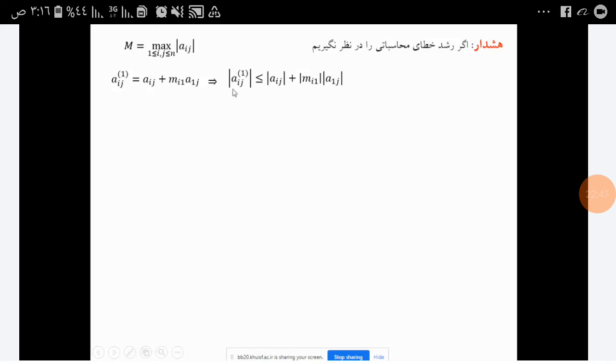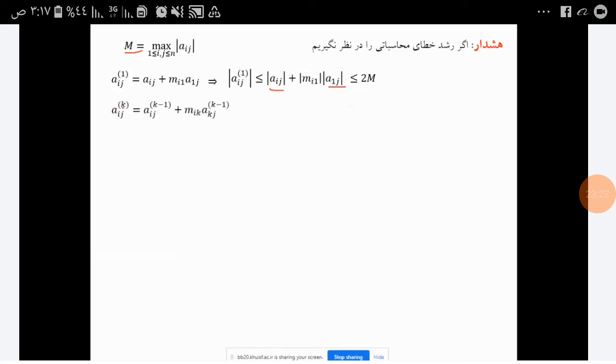Then in absolute value, Aij in step 1 is less than or equal to Aij in the previous step plus mi1 times A1j in absolute value. This one is less than or equal to M, and this one also. So Aij in step 1 is less than or equal to 2M.